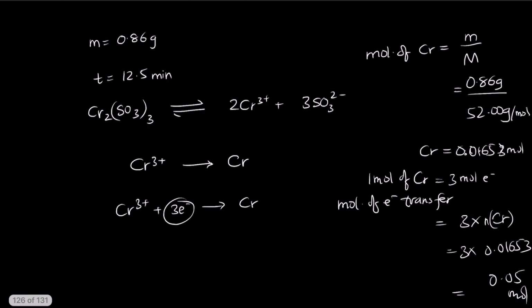The time here is given as 12.5 minutes. So we can combine that: 12.5 times 60 seconds per minute gives you a total of 750 seconds.